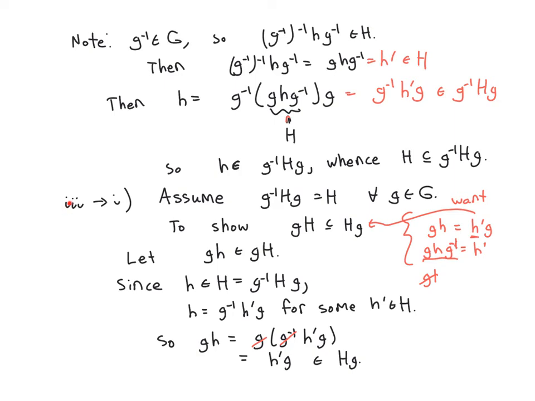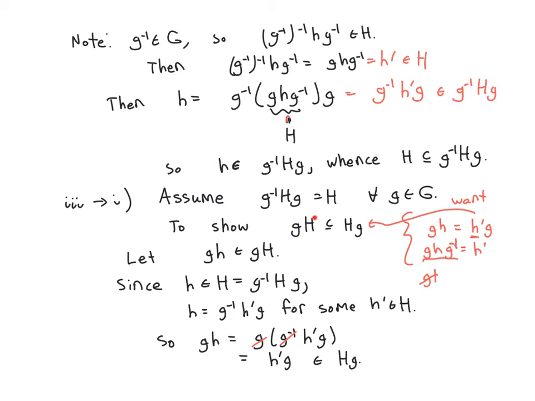And now 3 implies 1. So we're going to assume these sets are equal for all elements in G. So for every element in G, the conjugate subgroup is equal to the original subgroup. Now what do we want to show? We want to show that the left coset is equal to the right coset. Well, what does that mean?